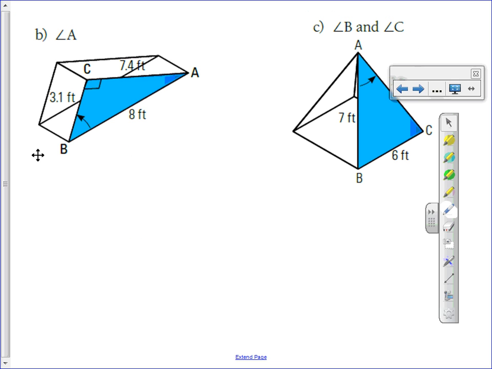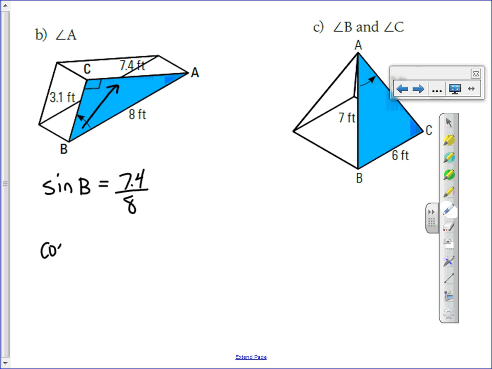In this triangle on the left, B, we are looking for angle A, and we see there is a right triangle there. And when we are dealing with a right triangle and we want to find an angle, we have a number of different tools that we can look at to find that angle, but the easiest way is to consider your trig functions, remembering that sine of any angle, and I'll use B, is opposite over hypotenuse, and the opposite side is 7.4 over 8.